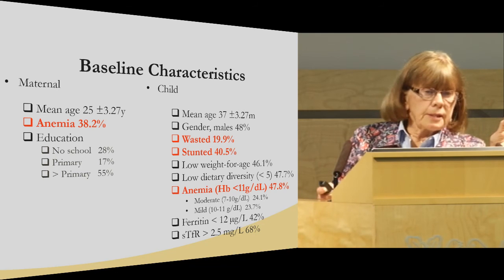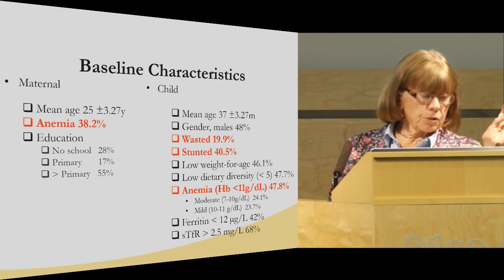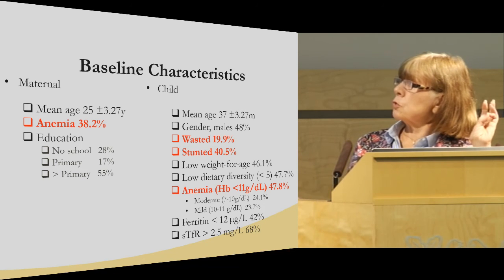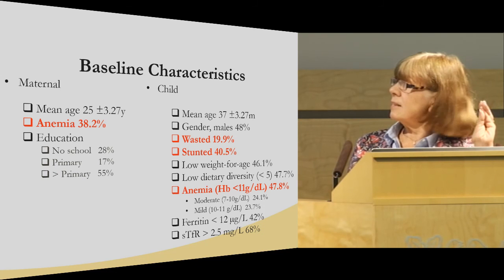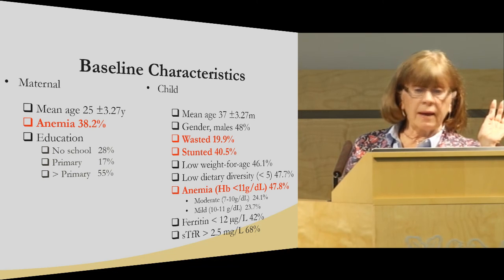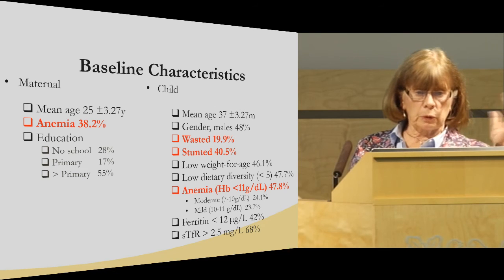You can see over a third of the mothers are anemic. And when we look at the 3-year-old children, 20% are wasted, 40% are stunted, almost half are anemic, with high rates of iron deficiency. So the problem is absolutely there.